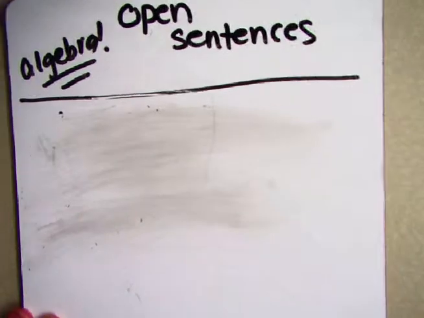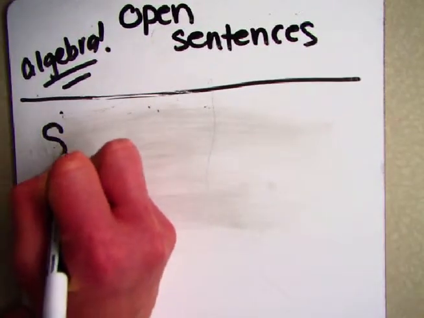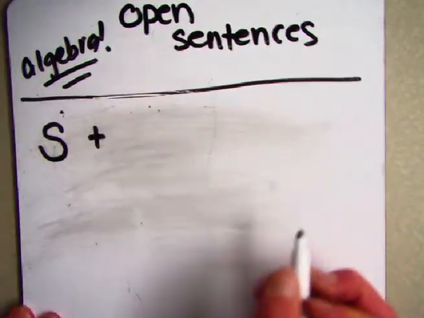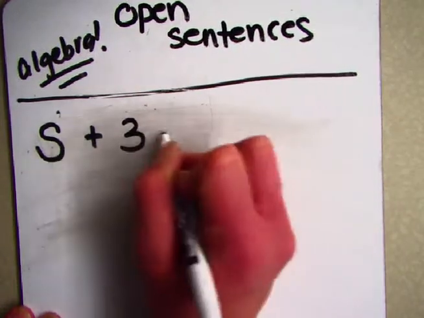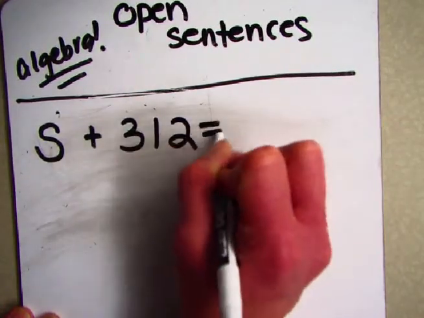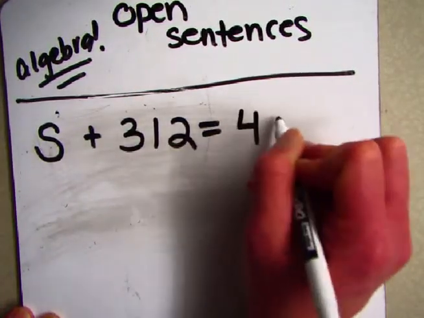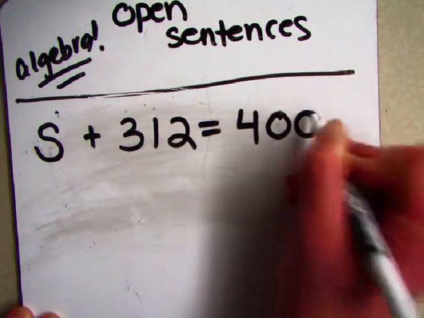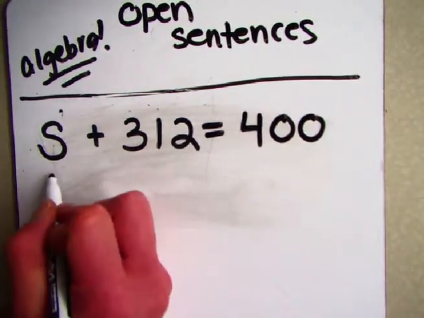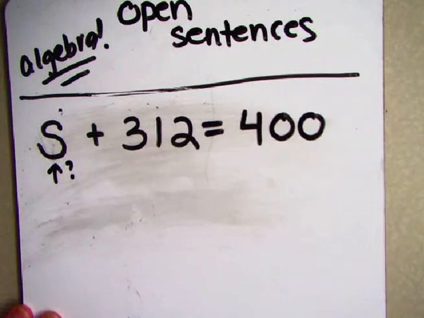Let's try a harder one. Some number S plus 312 is equal to 400. This is the part I don't know and I have to figure out.